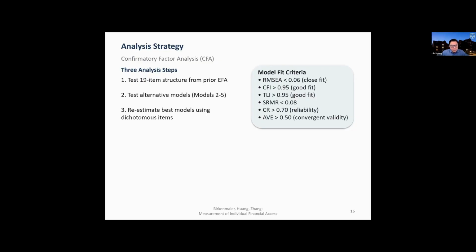And for composite reliability, we want it to be greater than 0.7 to ensure internal consistency of this scale. And average variance extracted should be greater than 0.50 to ensure convergent validity. We test these models using both ordinal and binary measures, and the results for these two types of measures are consistent.